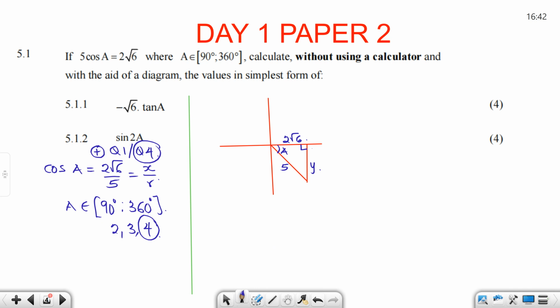Pythagoras. R squared equals to what? X squared plus Y squared. So what do we have? 5 squared equals 2 root 6 squared plus Y squared. What will this give us? 25. 2 times 2, 4, 6, 24.